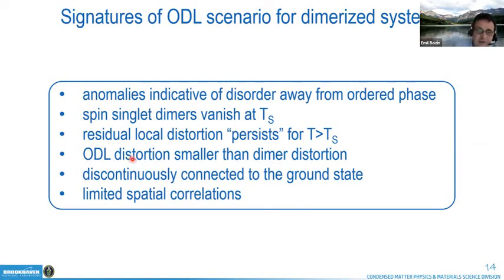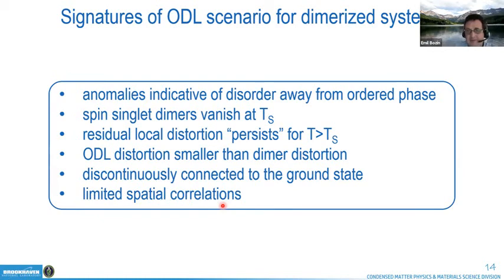Those distortions are smaller than the dimer distortions. This state is discontinuously connected to the ground state, meaning that you cannot actually treat the transition as order-disorder. And then those structural correlations are of limited spatial extent, usually sub-nanometer, as I said.